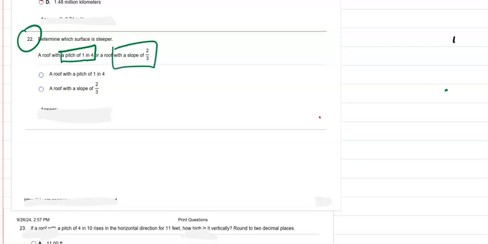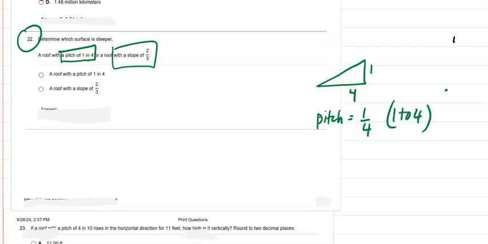Pitch 1/4 means if you have 1 as a rise, 4 as a run, that's called 1/4 pitch. Slope 2/3 means for this roof the rise is going to be 2, the run going to be 3.